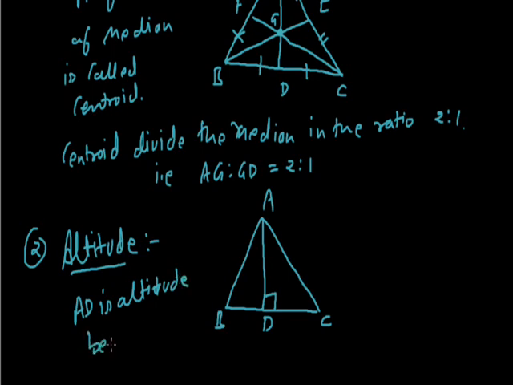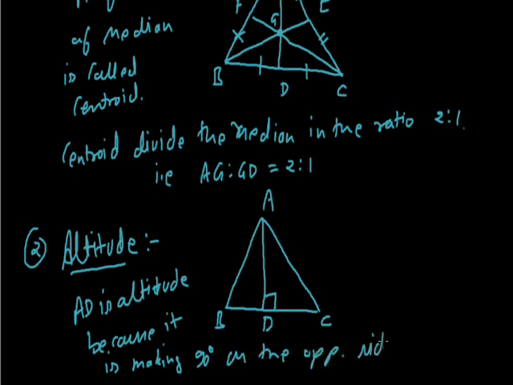It is making 90 degrees on the opposite side, that is BC. So AD is the altitude. Altitude means the line drawn from the vertex which makes 90 degrees to the opposite side.